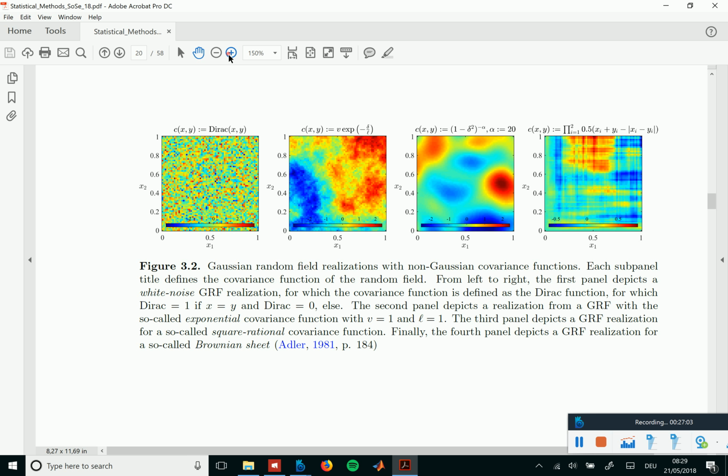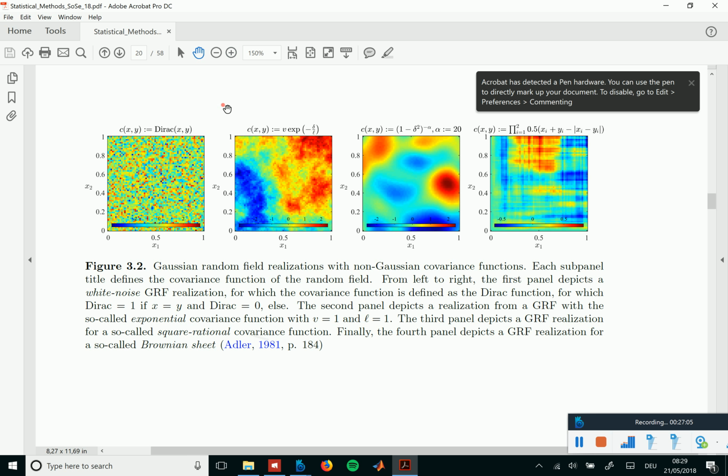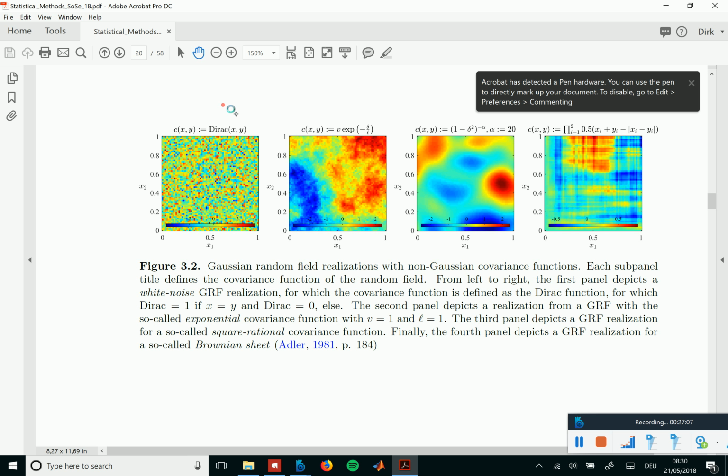This one where it says Dirac, which just means it's 1 if x equals y, is a white noise random field realization.